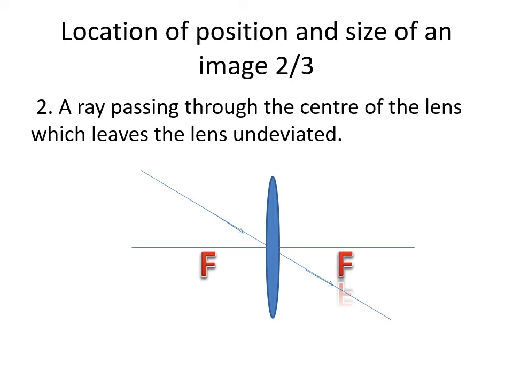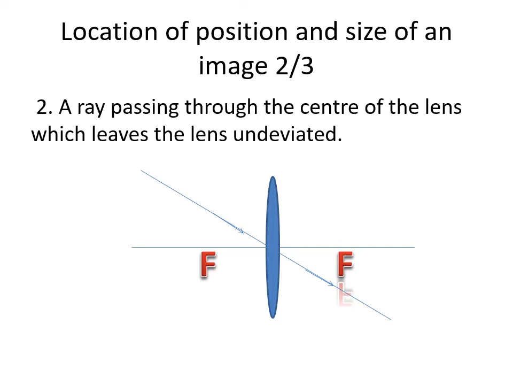You have the diagram here. From that diagram, you can see how the ray is being refracted. We take the second ray to locate the position and the size of an image: a ray passing through the center of the lens, which leaves the lens undeviated.